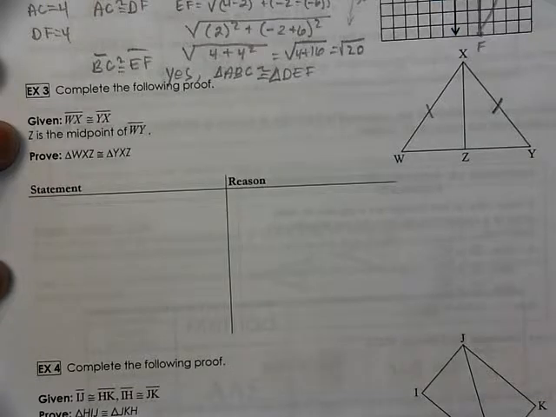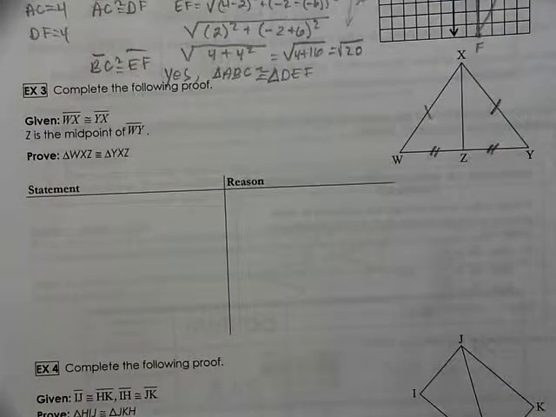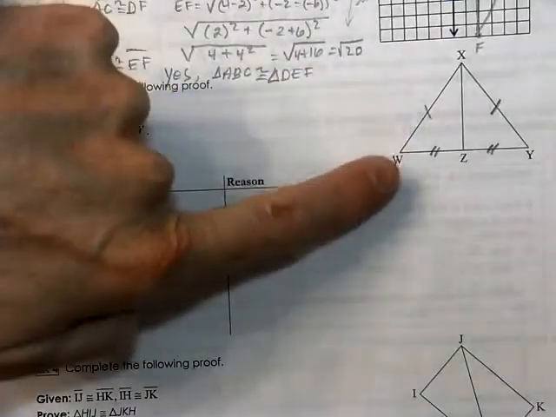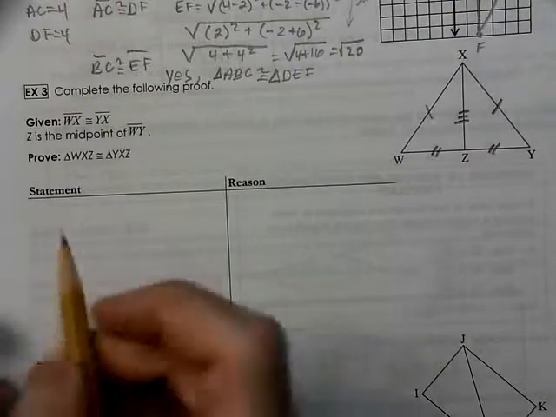If Z is the midpoint, then we're going to have two congruent segments. Looking at our information that we have here, we have two sides of one triangle congruent to two sides of another. Do we have any other information about these shapes? If we look at the picture some more, we see where we have a reflexive property. Now I could do side, side, side of one triangle matches side, side, side of another triangle. That's my plan. You've got to decide if it's possible before you start your proof.